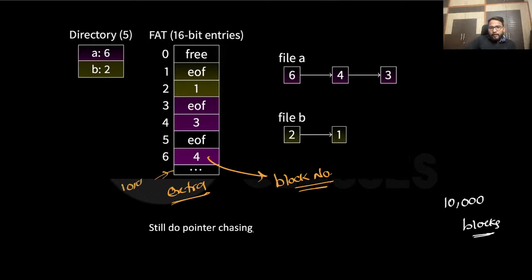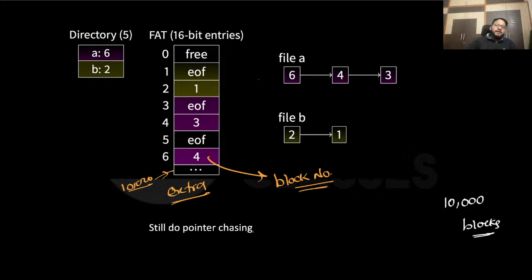For each block I will be having one entry. And it will contain what it is linked to next. 6 is linked to 4, 4 is linked to 3, 2 is linked to 1, 1 is linked to nothing. Like that, for every block, what it is linked to. If it is not linked to anything, I will say nothing. So I will be maintaining a separate table.